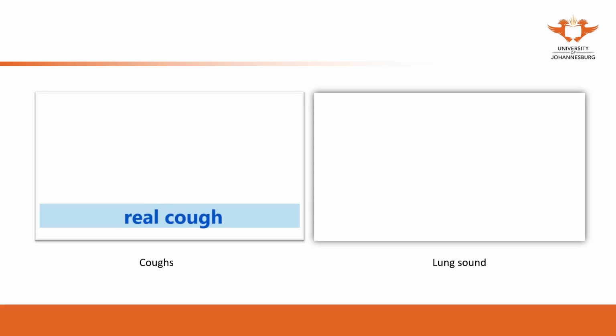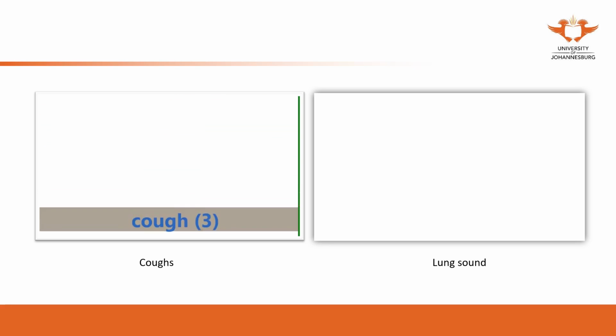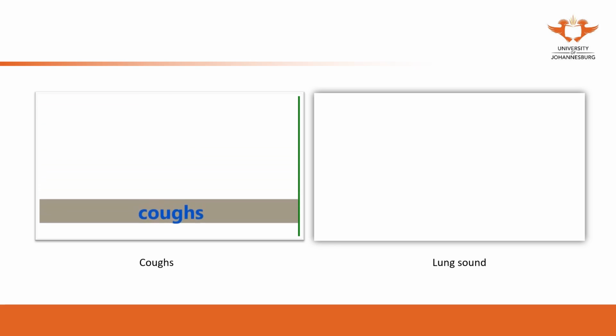Here are some examples of the coughing sound. From the coughing sound, we can identify if there's phlegm or not, or the loud or low sound of the cough. So this cough is more clear.